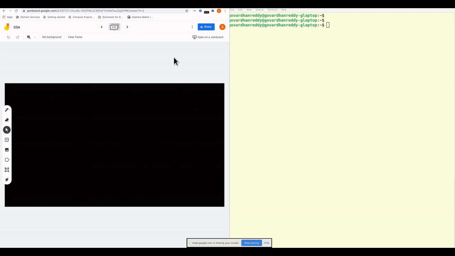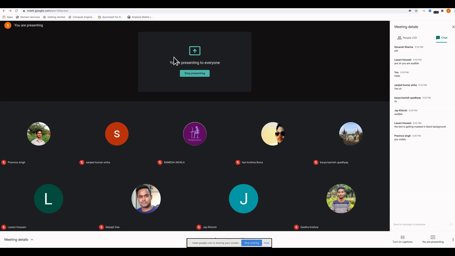Since we are talking about enumerations, before going to NCR, does anybody know what 1 plus 1 by 2 plus 1 by 3 plus 1 by 4 plus so on up to 1 by n approximates to for a very large value of n? You can type in the chat window.